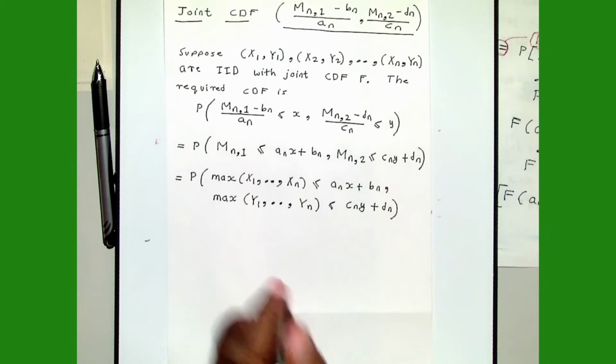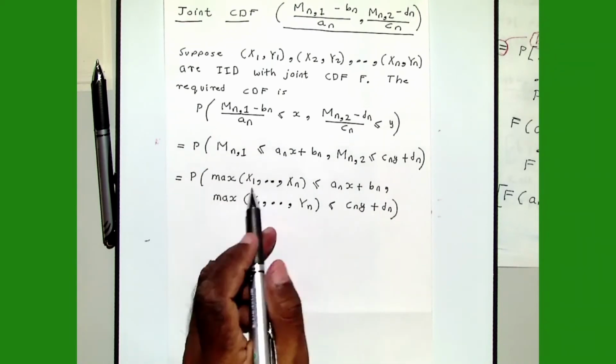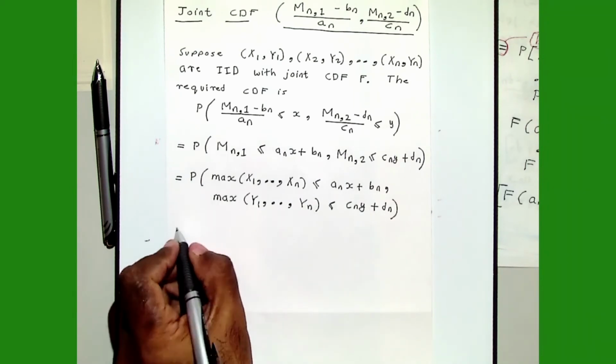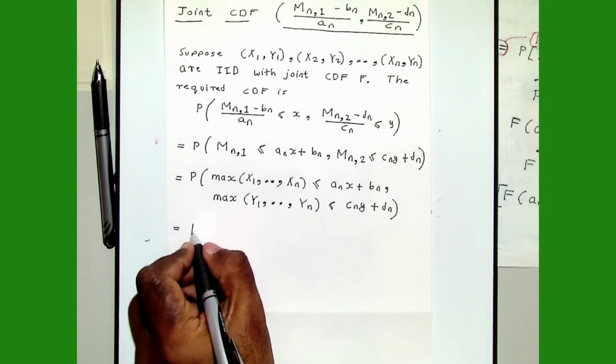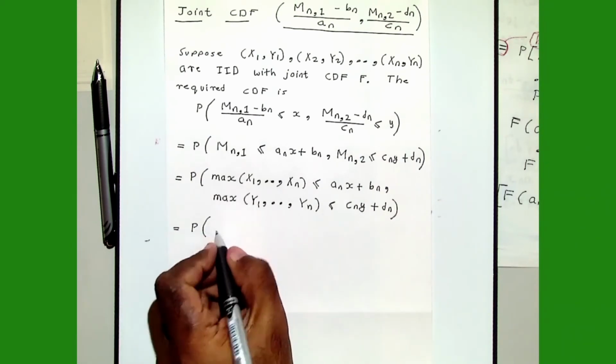Now, if the maximum is less than or equal to a fixed number, then each random variable has to be less than or equal to this. So using that fact, we can write this statement as follows.